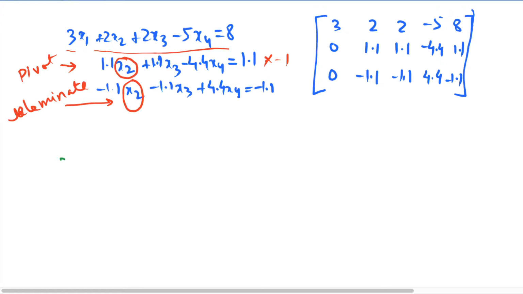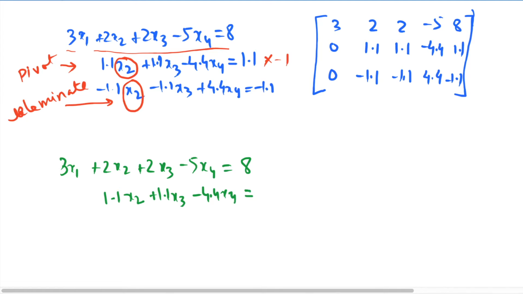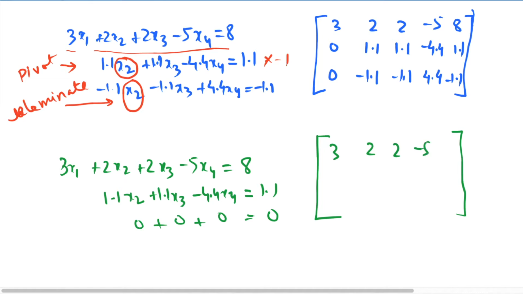So this will be 3x1 plus 2x2 plus 2x3 minus 5x4 is equal to 8, and this becomes 1.1 x2 plus 1.1 x3 minus 4.4 x4 is equal to 1.1, and you got zeros all below. 0, 0 is equal to 0, and the corresponding augmented matrix now would be 3, 2, 2, minus 5, 8.